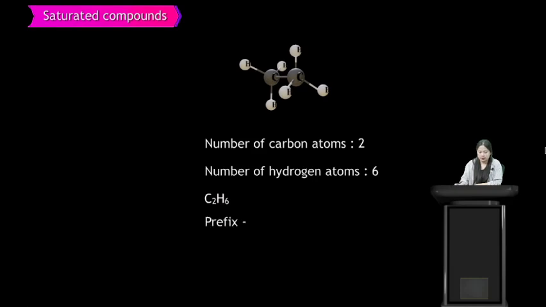Now we have 2 carbon atoms here, so the prefix given to a compound containing 2 carbon atoms is eth, E-T-H. And since this is an alkane, there is only a single bond between the 2 carbon atoms, so the suffix will be ane. So the name of this saturated compound will be ethane.